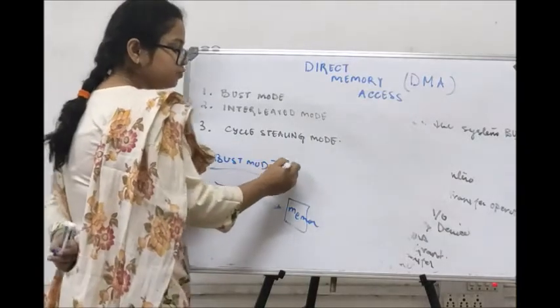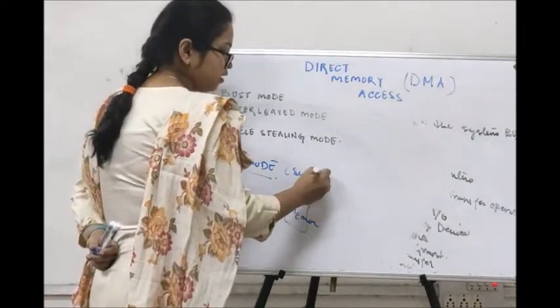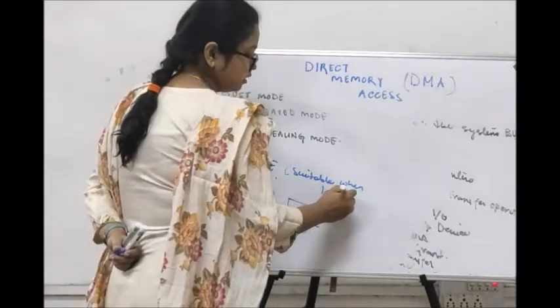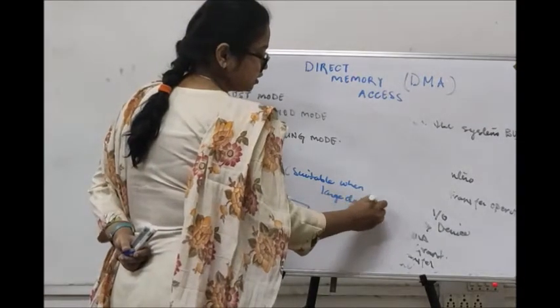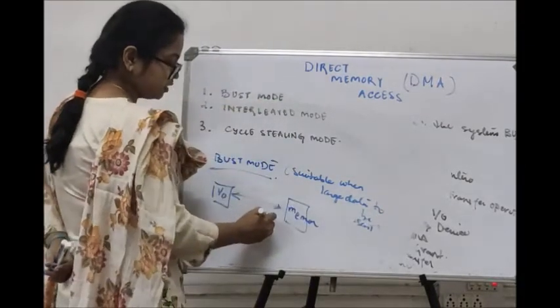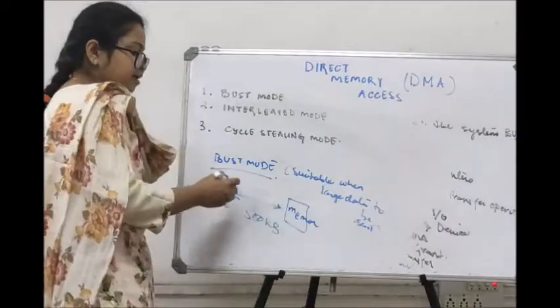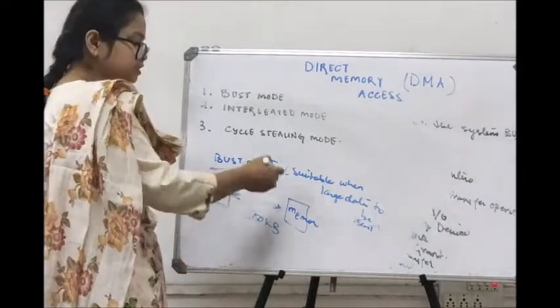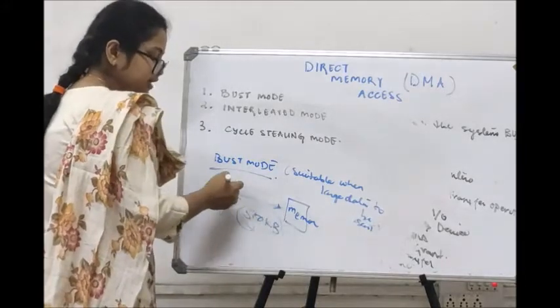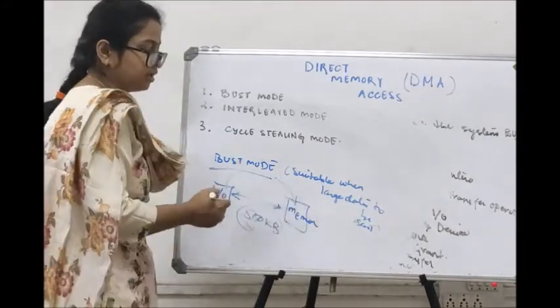This is suitable when large data is to be sent. Suppose 500 KB is to be sent, then each byte will be continuously sent one after another in burst mode until 500 KB is entirely transferred from IO to memory.